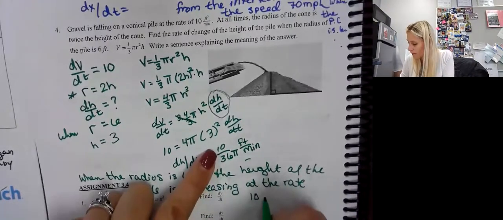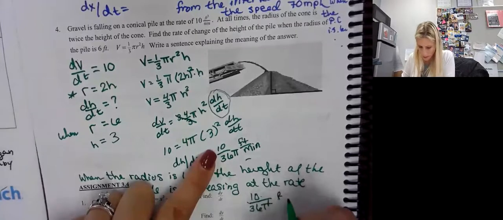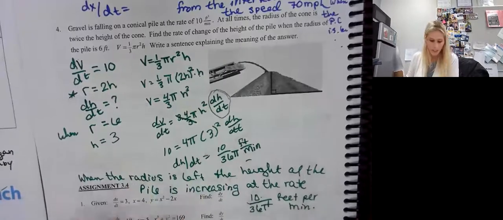You can just say 10 over 36 pi feet per minute. Okay, try those out.